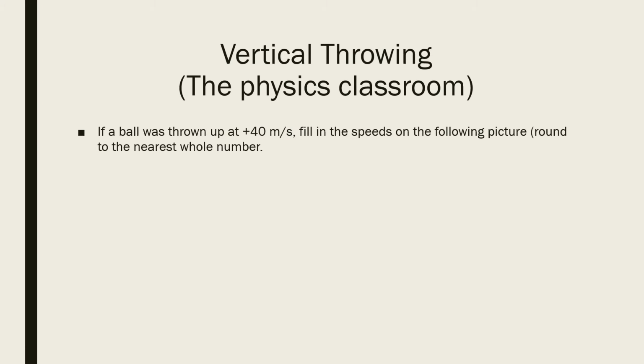So let's get back to that physics classroom. Let's really try to think about this. If a ball was thrown at plus 40, fill in the speeds in the following picture. Actually, we just did that. I put it on the early slide, but that's okay.